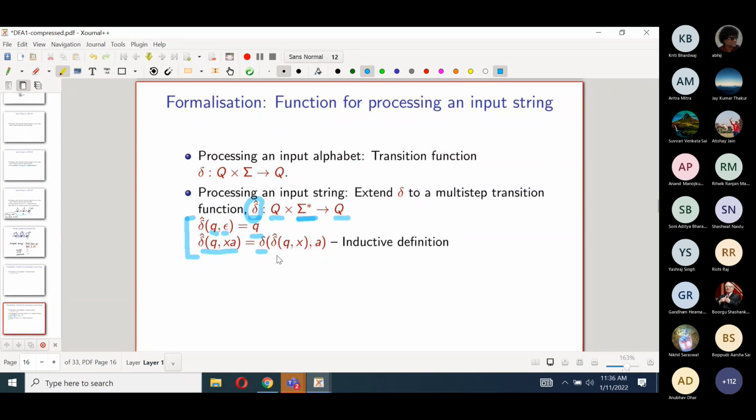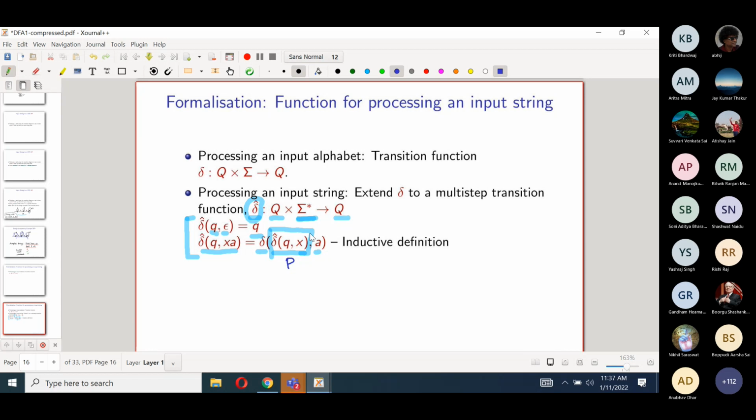It is delta of delta hat QX, comma A, meaning that inductively you have a definition for Q and the smaller string X in terms of the multi-step transition function delta hat, and after that wherever you reach, this delta hat QX will be a state. Let's call this P, and from P, delta hat QXA will just be delta of P comma A.